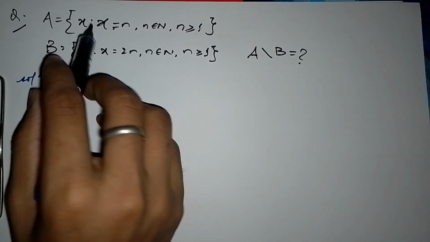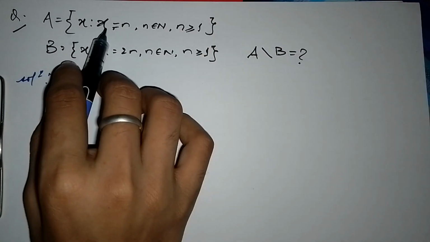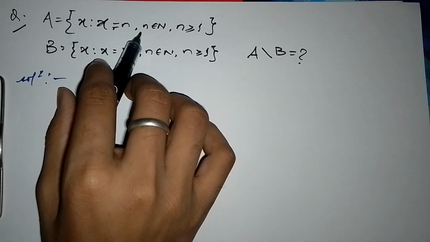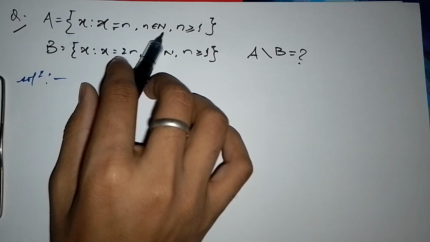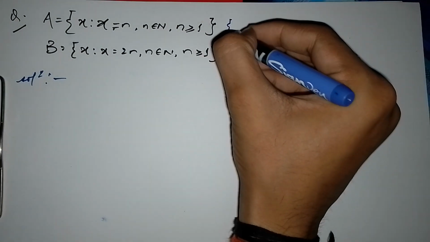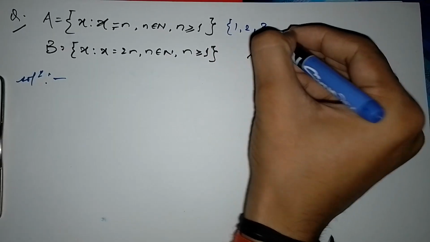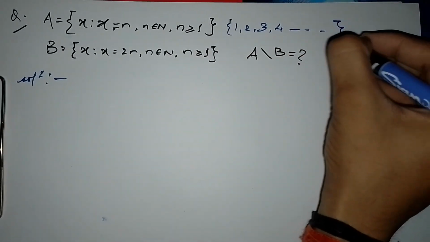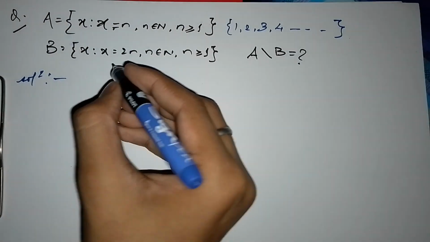As you can see, A says x such that x equals n, and n is the set of all natural numbers where n is greater than or equal to 1. So this basically is saying that A is the set 1, 2, 3, 4 till infinity. Now, what's B?